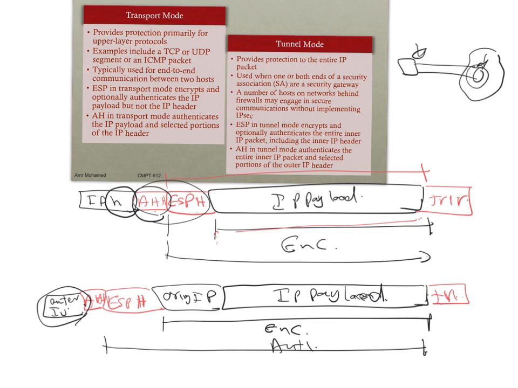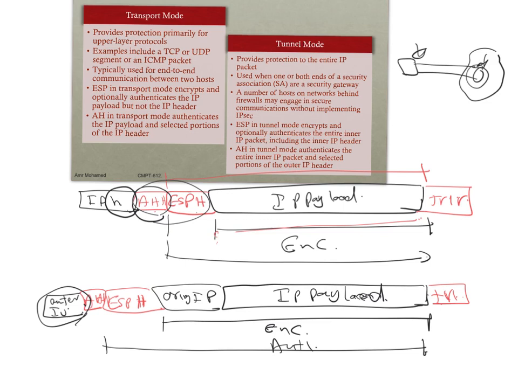So in IPsec version 2, you can optionally use AH for authentication, or you can use ESP for both encryption and authentication. Is that clear? So that's why I say this part is optional. I can remove this and use ESP for both encryption and authentication.